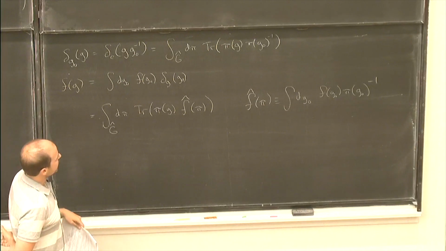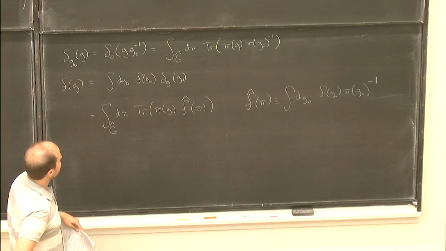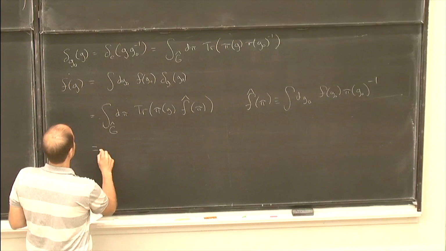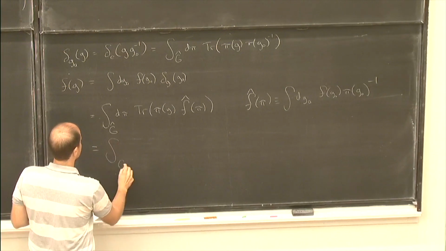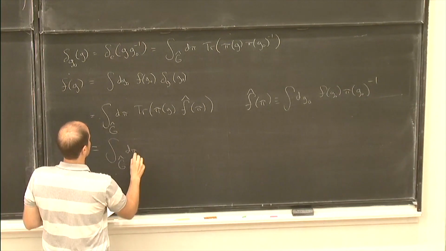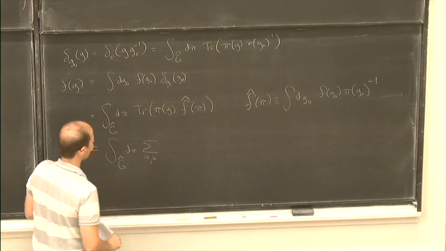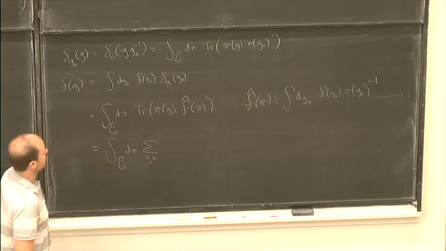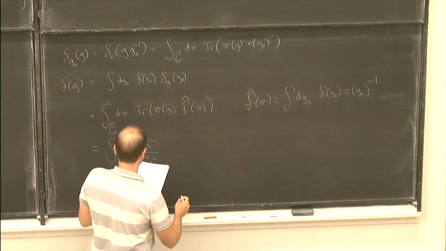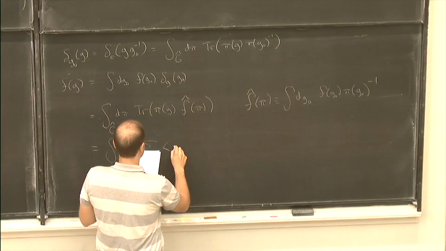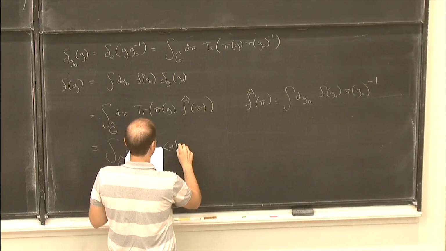And another way to think about this is to write the trace in terms of a sum over matrix elements. So let's suppose that we have some basis for the associated vector space. Then we can rewrite the trace in terms of a sum over these basis elements.